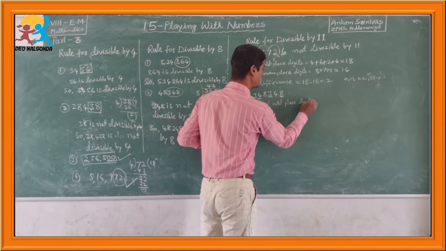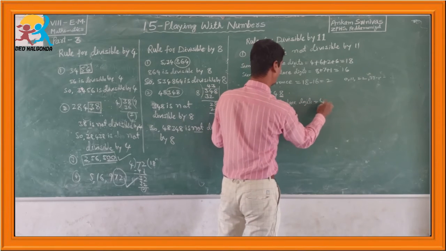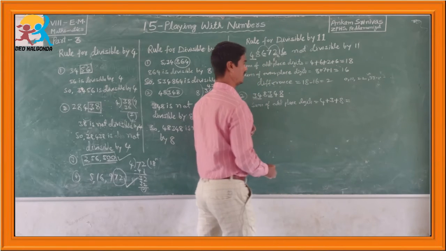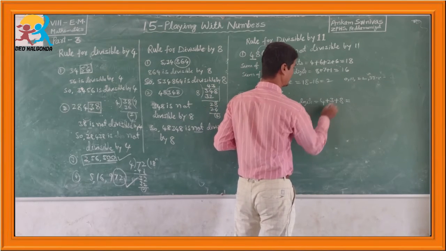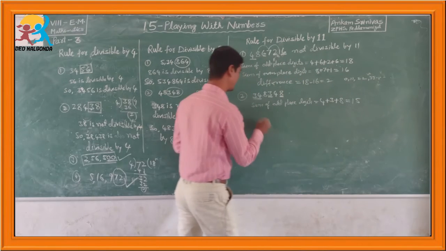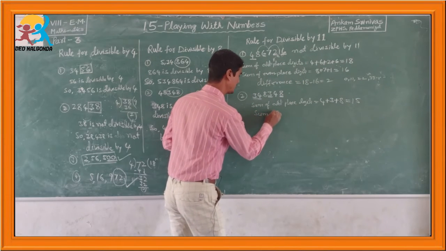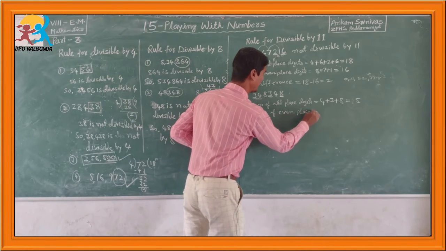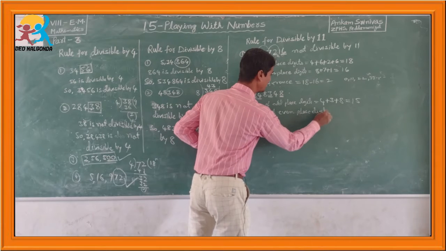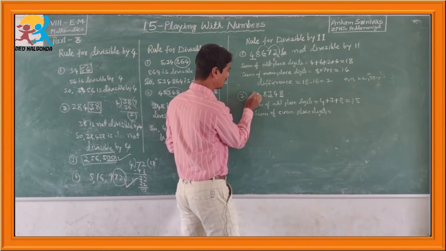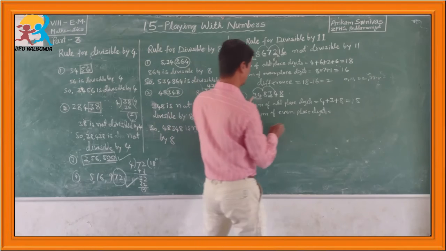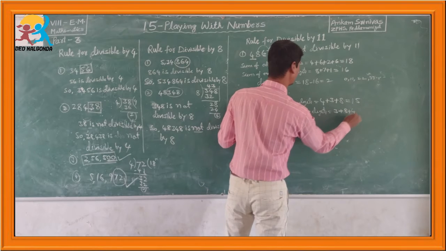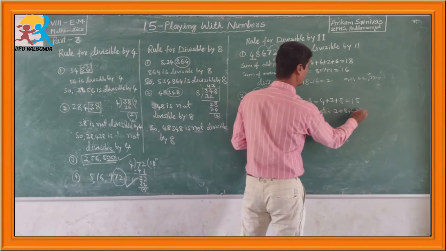Sum of odd place digits is 4 plus 3 plus 8: 4 plus 3 is 7, 7 plus 8 is 15. Then the sum of even place digits is the remaining three numbers: 3 plus 8 plus 4. 3 plus 8 is 11, 11 plus 4 is 15.